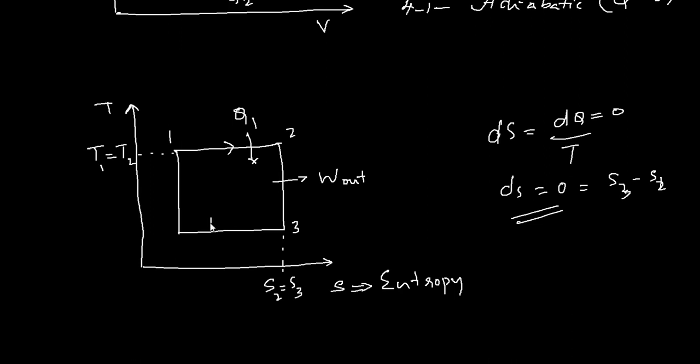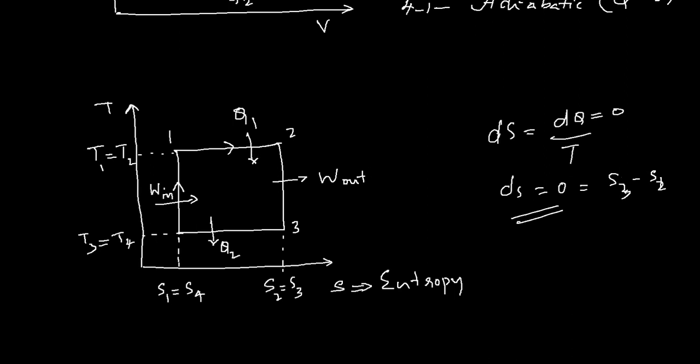And then you have isothermal heat rejection here to the sink at T3 equal to T4, and then you have your isentropic work input where you have S1 equal to S4. So these 4 processes constitute a Carnot cycle.